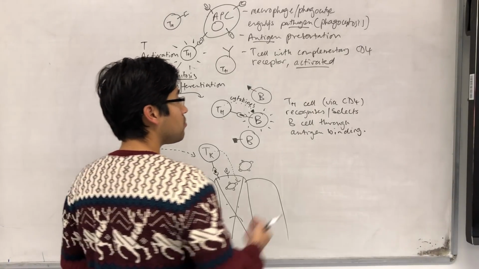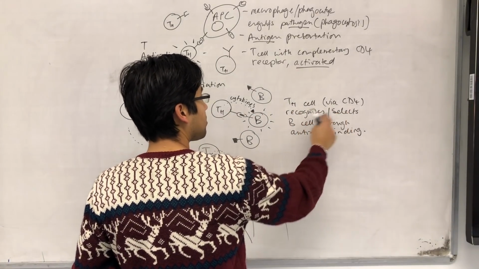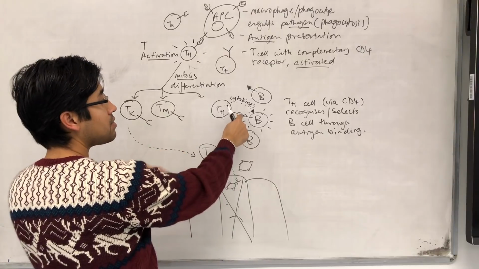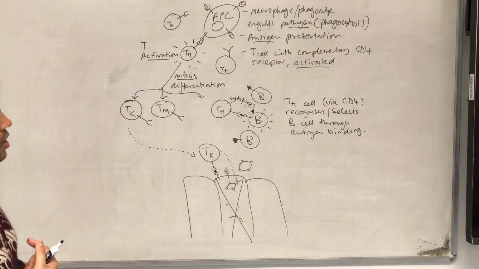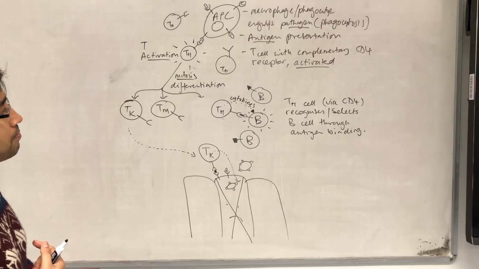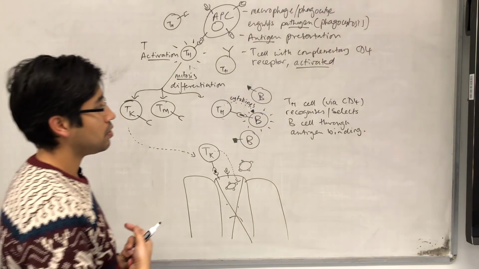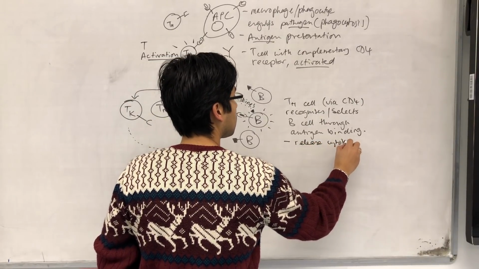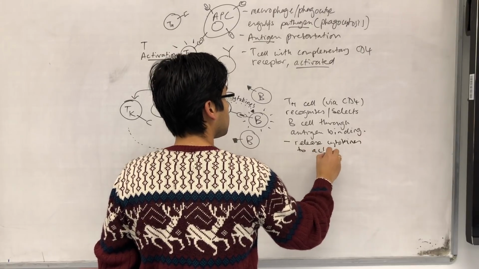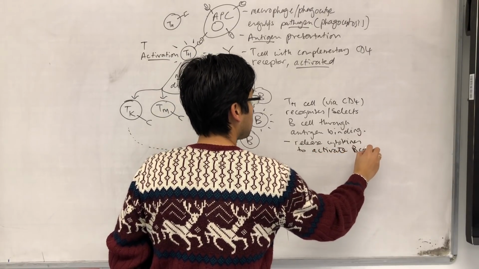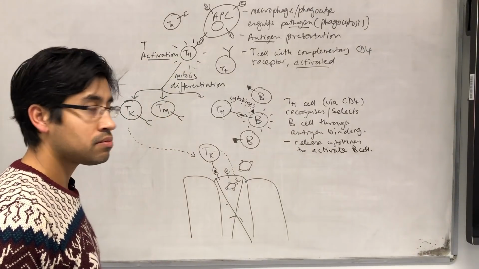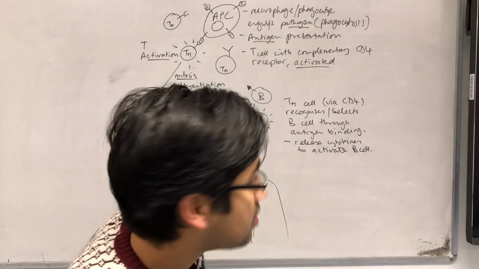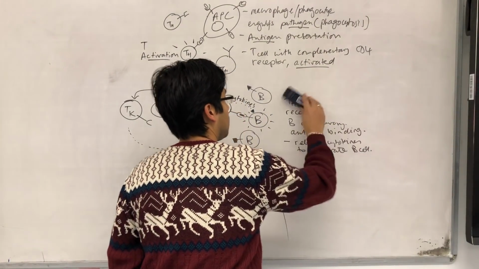The T helper cell via its CD4 receptor recognizes and selects the B cell through antigen binding, ensuring that they are both acting against the same antigen. Next, it releases cytokines to activate the B cell. Are we happy with this part?